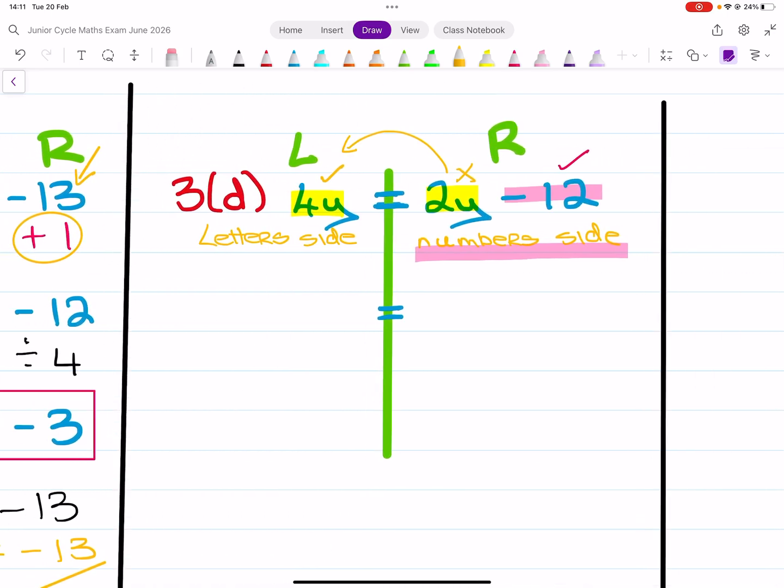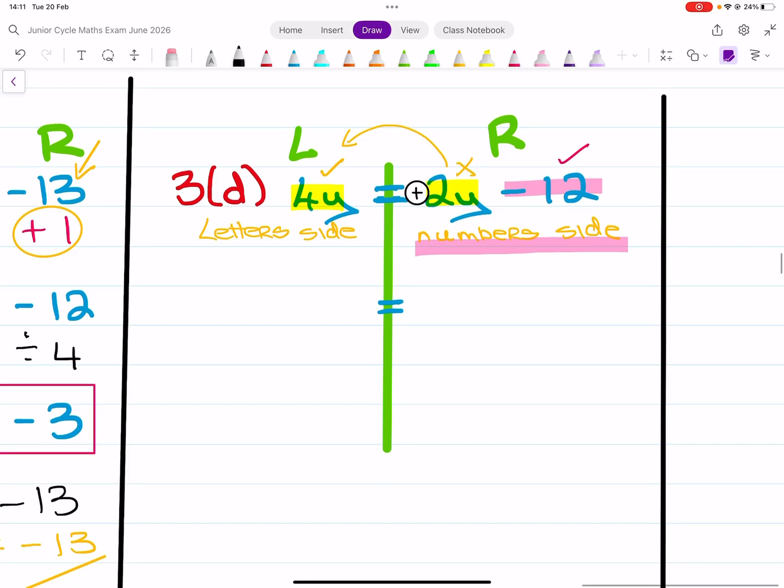The 2y has no sign in front of it, and we know that if there's no sign, it's a plus. So if we want to move that +2y, get rid of it because it's on the wrong side, then we need to do the opposite. So the opposite of a +2y is a -2y. They are inverses and they will take each other out.